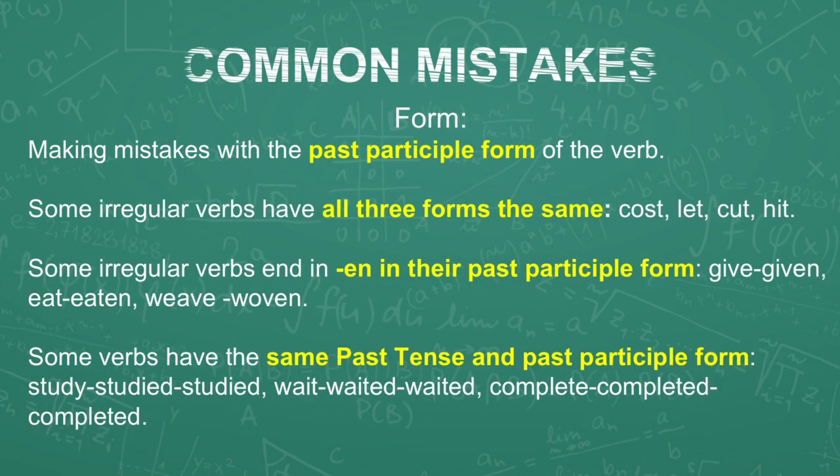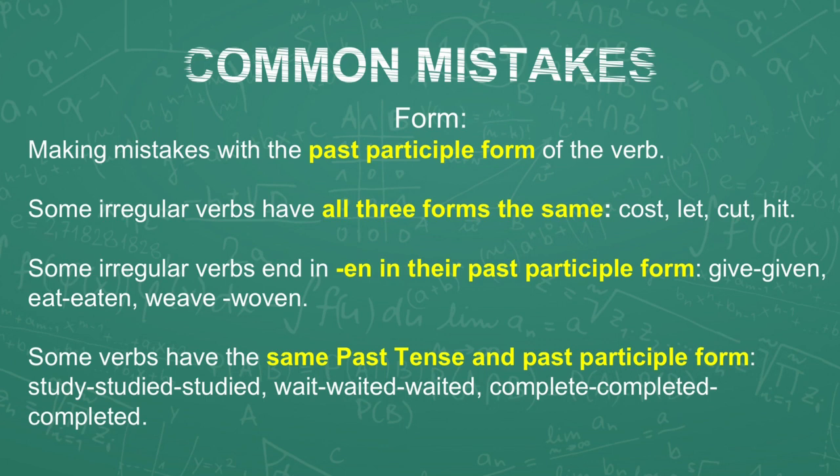Some common mistakes that people make while using the past perfect. This is an advanced grammatical tense, so the usage in the right form is very important. So some people make mistakes with the past participle form of the verb, and some irregular verbs have all three forms the same. For example, cost is the same in present tense, past tense, and the past participle.